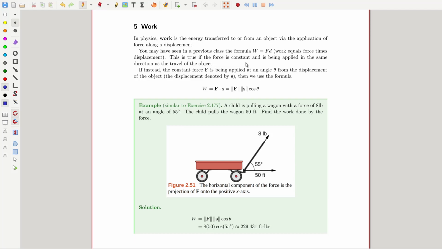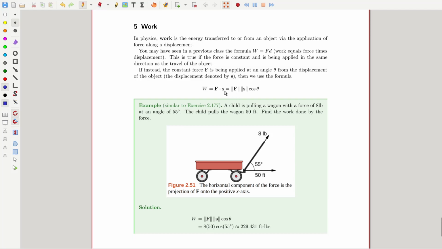So for us, what matters is if we break that second assumption, if we instead have the force being applied in a different direction from the object's displacement. So suppose that you have the force being a vector, still a constant force, so a constant vector, and displacement you can also treat as a vector, which I'm denoting by S. Work then ends up being defined as the dot product of the two vectors.